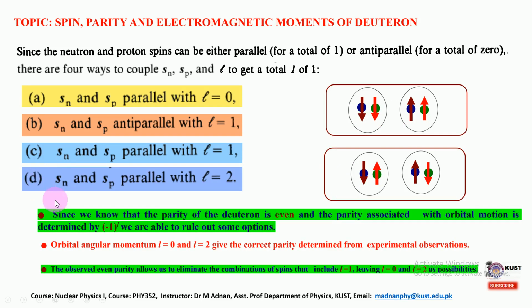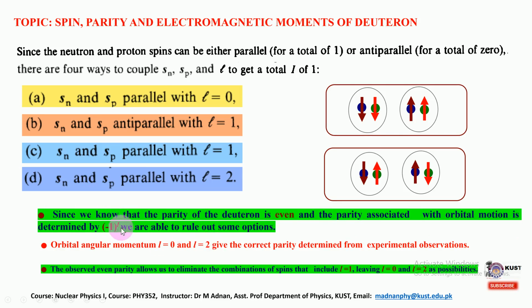Now, as I told you, the parity of the deuteron is even, and the parity associated with the orbital angular momentum is determined by minus 1 to the power L, where L is the orbital angular quantum number.